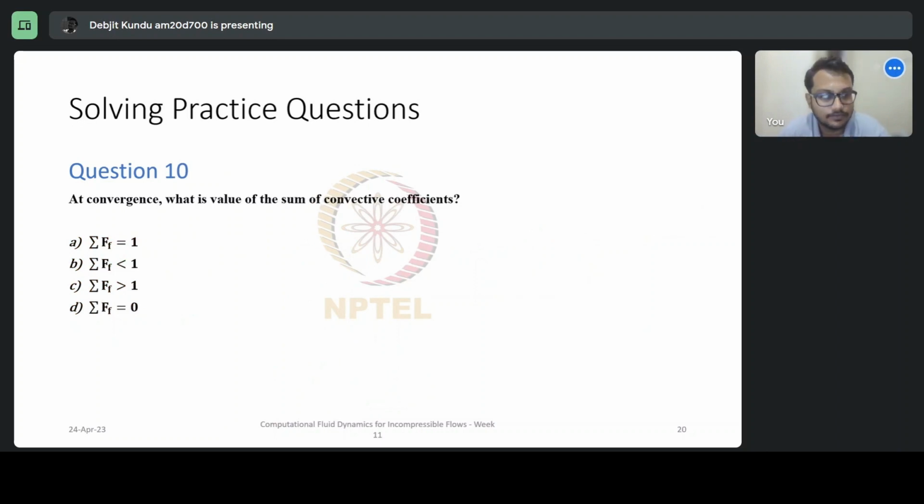Now we come to the last question of today's session, which is asking us that at convergence, what is the value of the sum of the convective coefficients? So is it option A, summation over Ff should be equal to 1? Option B, summation over Ff should be less than 1? Option C, summation over Ff should be greater than 1, or that summation over Ff should be exactly equal to 0.